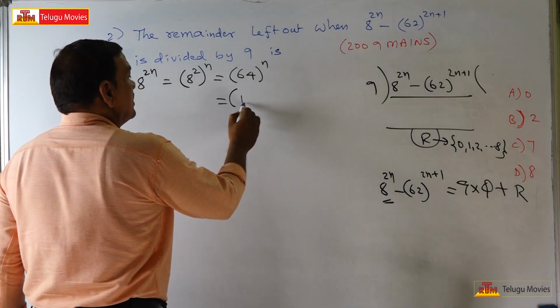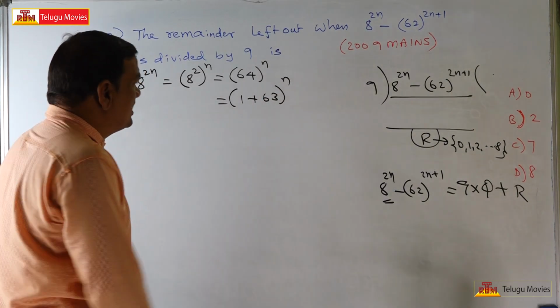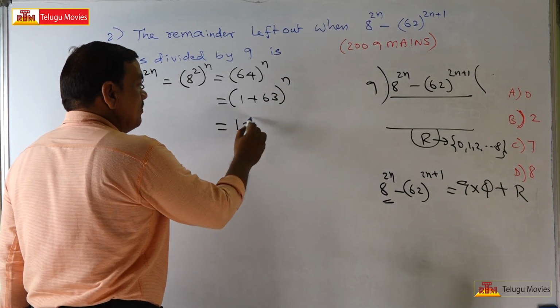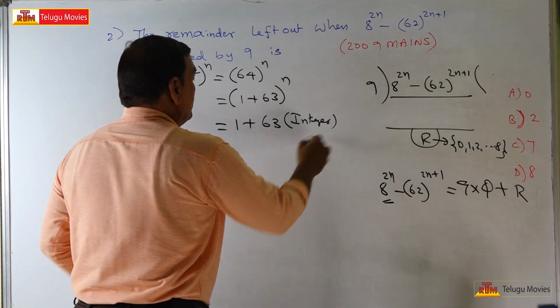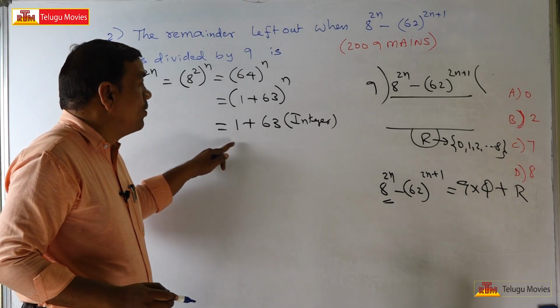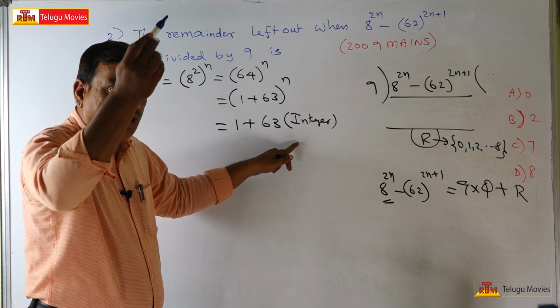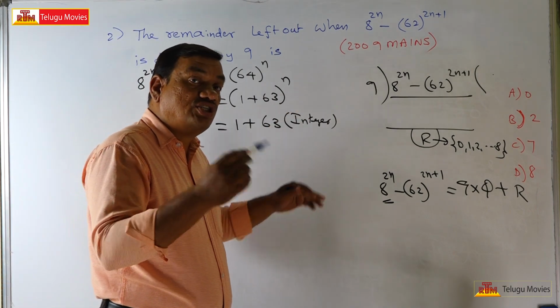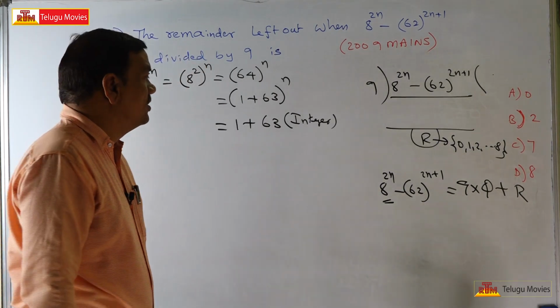Therefore, I can write this as (1 plus 63) whole power n. Right. So this can be written very clearly as 1 plus 63 into some integer. Why? Because here nC0 plus nC1 into 63 plus nC2 into 63 whole square plus nC3 into 63 whole cube. From all the things you can take 63 common outside, right?